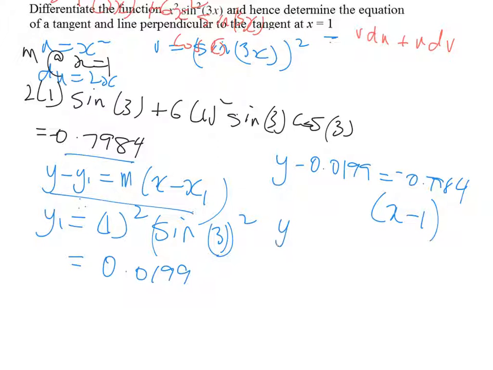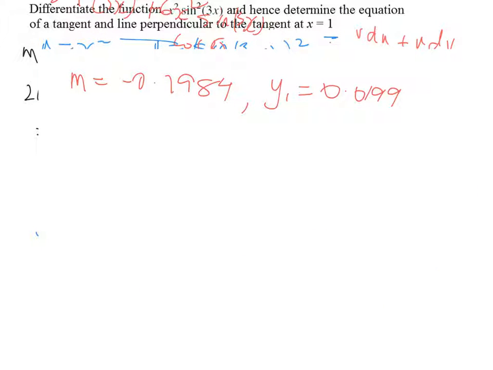We'll find that y equals negative 0.7984x plus 0.8183. So there we have our equation to our tangent. Next thing we're going to do is find the equation to the line perpendicular to the tangent. So I'm going to have to clean this up a little bit. So I'm just going to pause this, and when we come back, this will be all cleared up. We'll find a couple of bits of information as well.